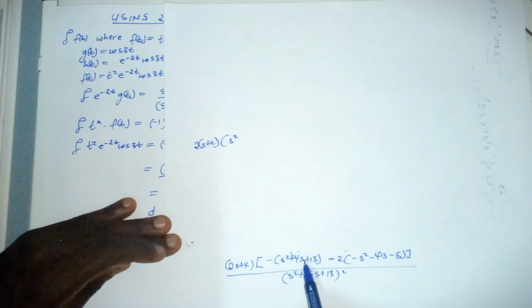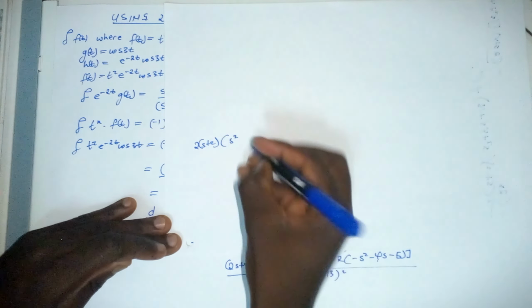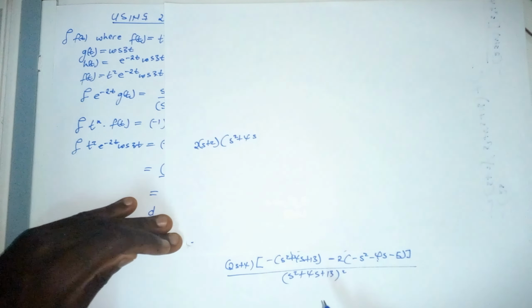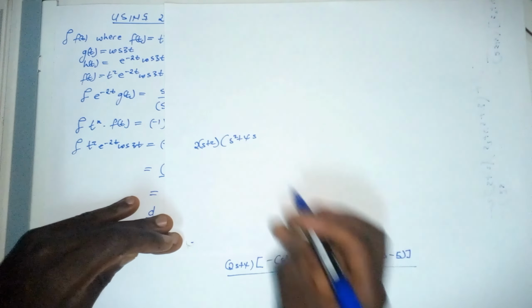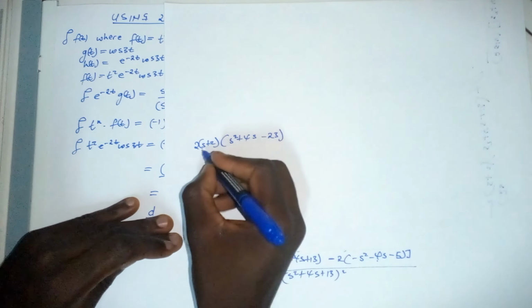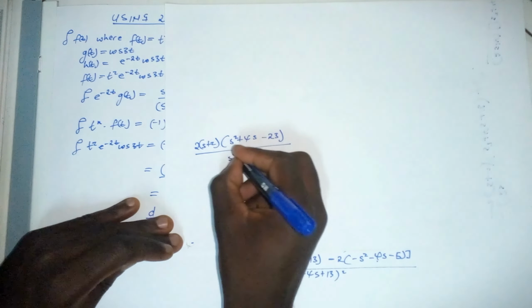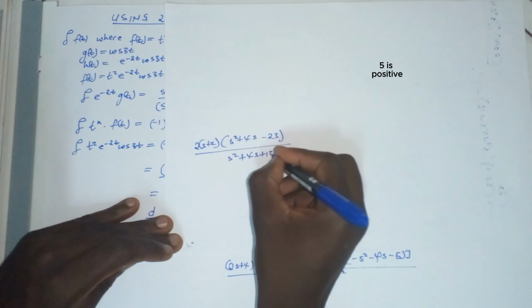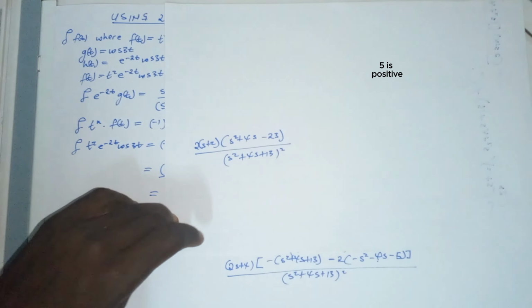We're going to have negative 4s plus 8s, and we're going to have plus 4s. We're going to have negative 13, plus 10. If we say this is negative 13 plus 10, we're going to have negative 23, divided by (s squared plus 4s plus 13) squared.